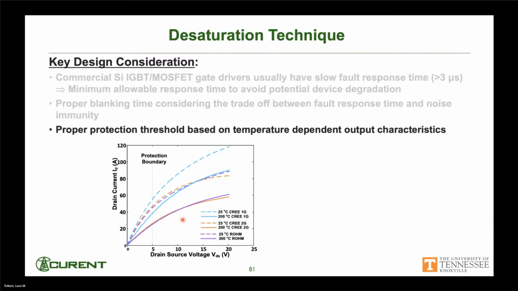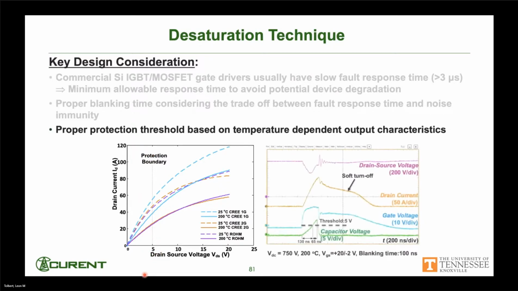And so we looked at things from 25 degrees C all the way to 200 degrees C and over different things, and then where should our protection be set. And we pretty much said, well, if you get more than 5 volts drain to source, then probably that's going to be your issue there. And so we set our threshold as a 5 volt VCE or VDS.